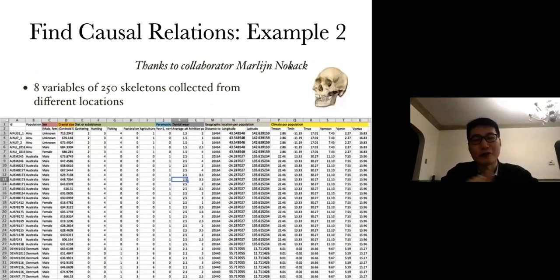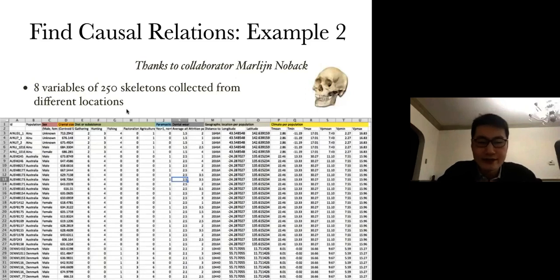Nobeck, just go forward. So she collected 8 variables of 250 skeletons all over the world. And those random variables include sex, location, diet, and a lot of properties of the cranial, basically cranial size and the shape differentiation and so on.